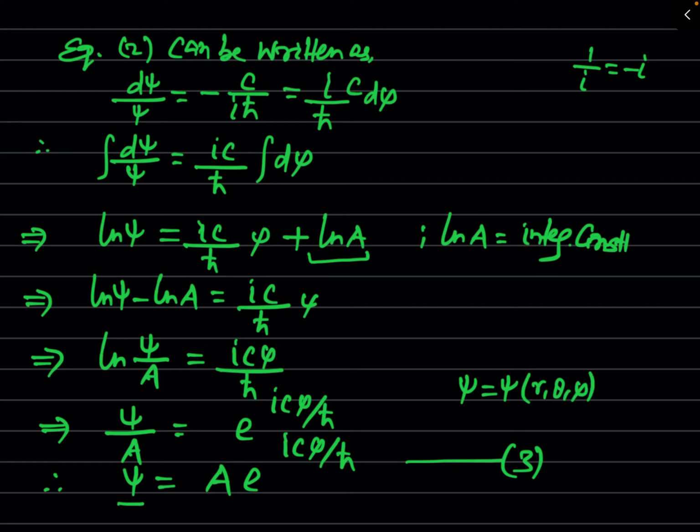But here in the RHS only the variable phi exists, whereas psi is a function of three independent variables, that is r, theta and phi. So definitely this constant a must be a function of r and theta. You can say that a is not an absolute constant, but a constant which depends on r and theta.